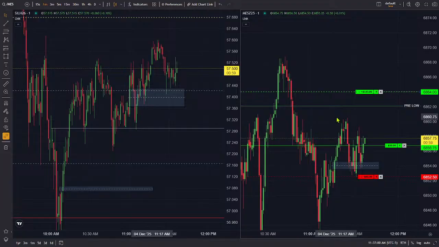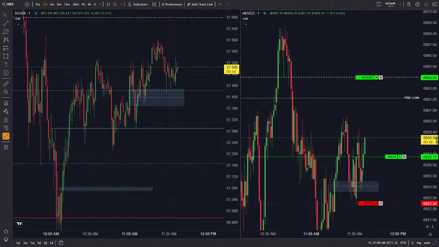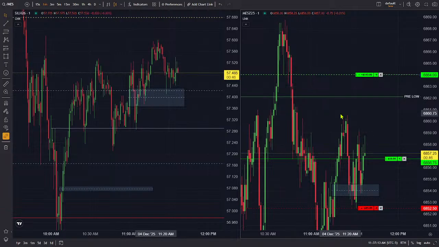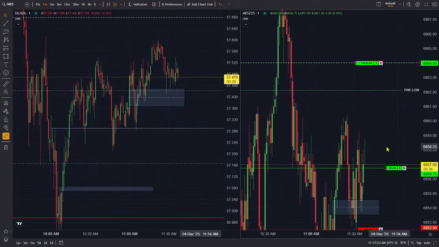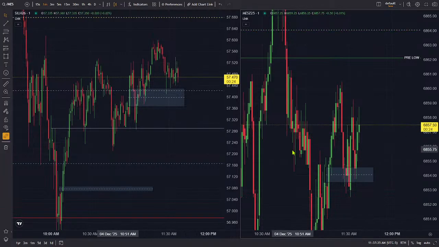I think it's just one of those slow grinds or what. Maybe take a couple off here. Yeah, I don't like it. Lower high, lower high. I don't like it. It's probably gonna go, but I don't like it. It feels wrong.